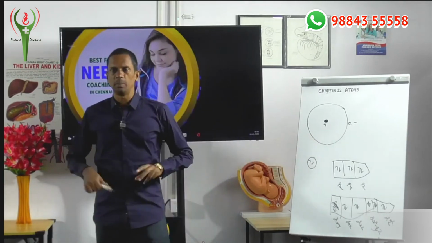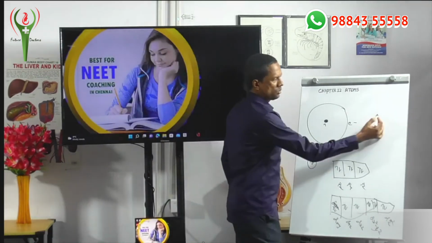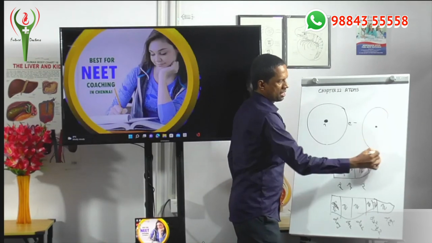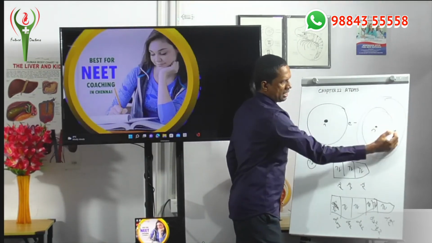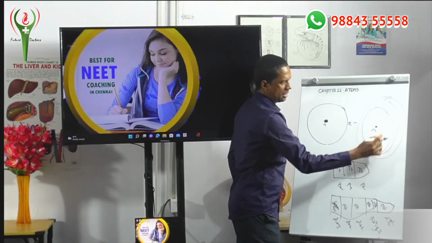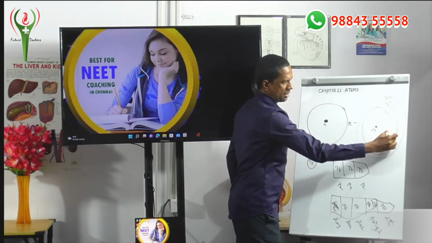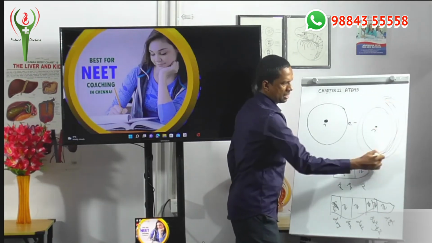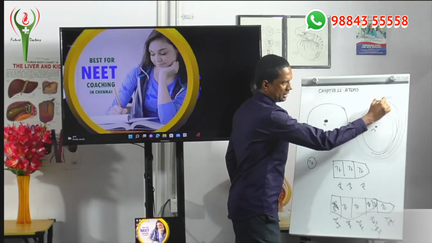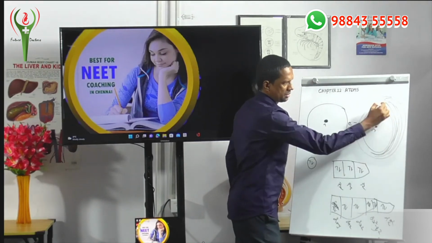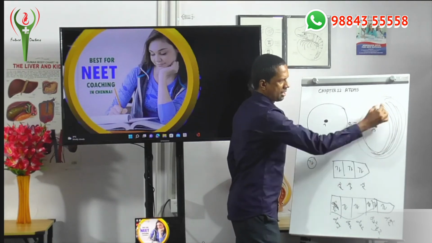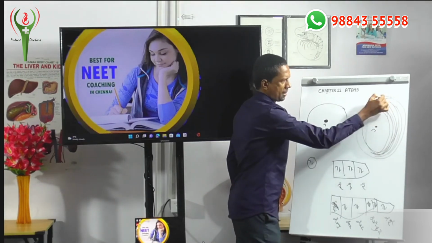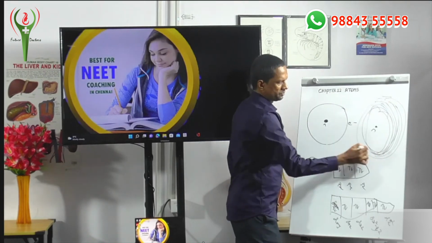So here, this one is the nucleus, this one is the electron, and we have various orbitals.